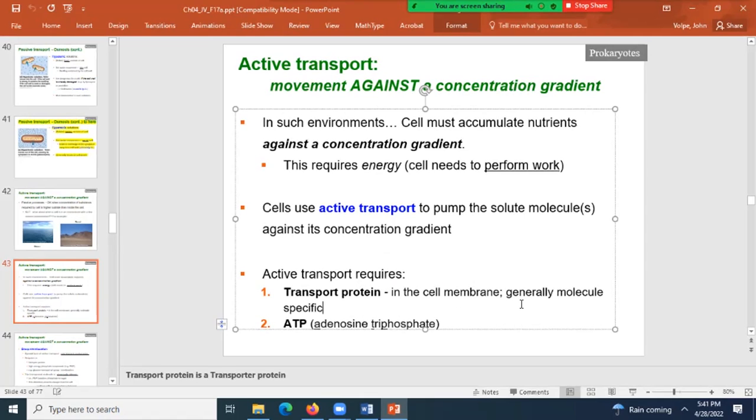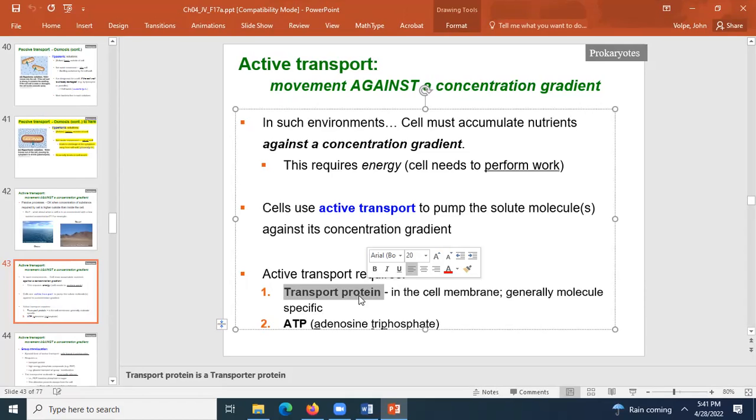So the transport protein is not entirely molecule specific, but for our purposes, we can say that it is one molecule specific, because we're not going to talk about drugs that interfere with transport proteins. I used to know a drug that interfered with a transport protein, and my mother used to take it, but I don't remember what it is anymore.